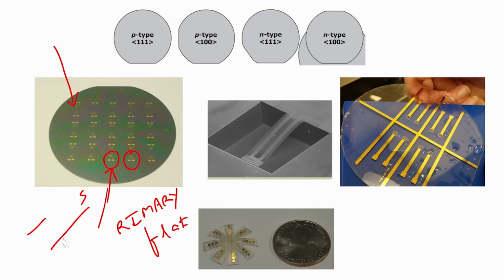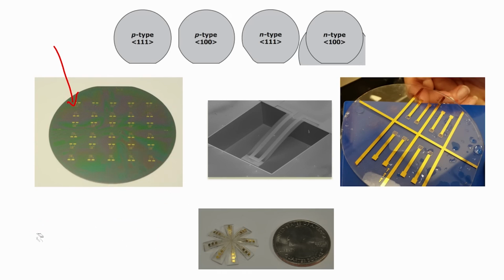Then, if I just clear the screen, so that it becomes easy for me to write. If you see this particular figure, this is a piezoresistive micro cantilever. You can see this is the piezoresistor, very clearly.